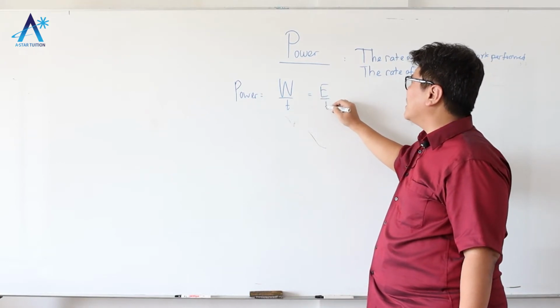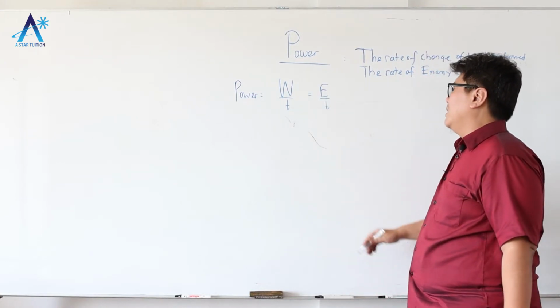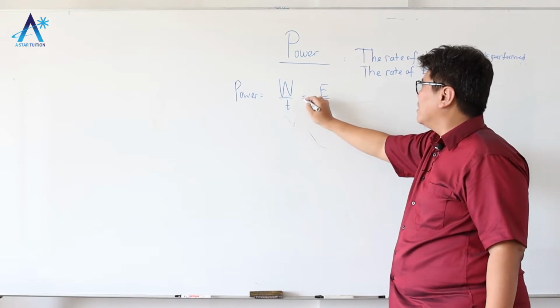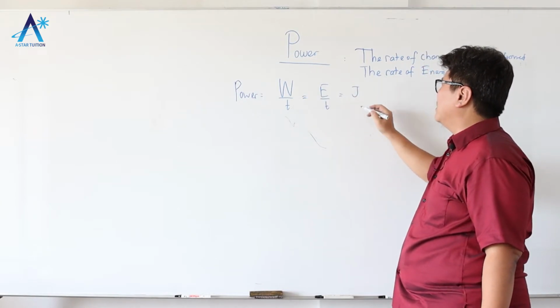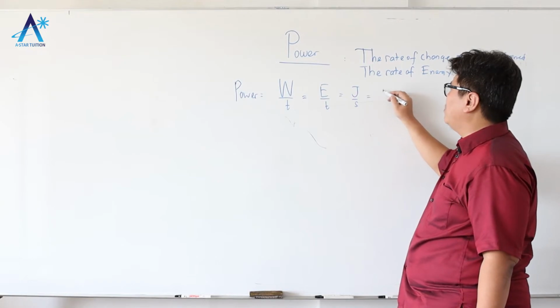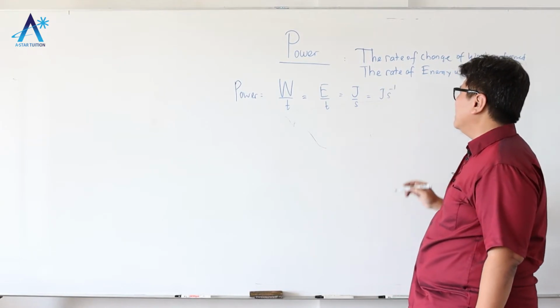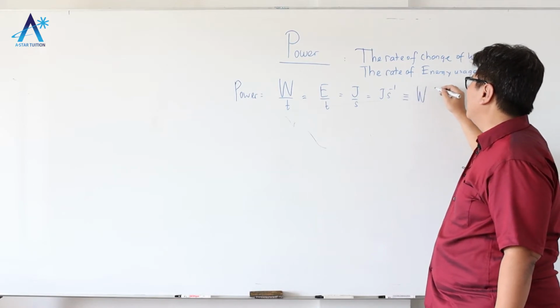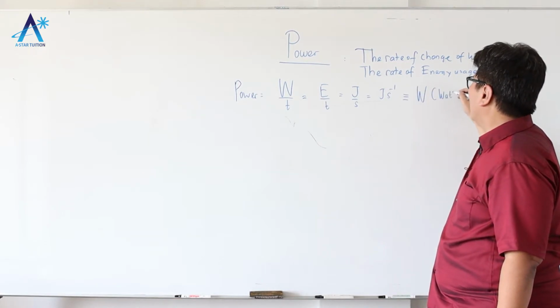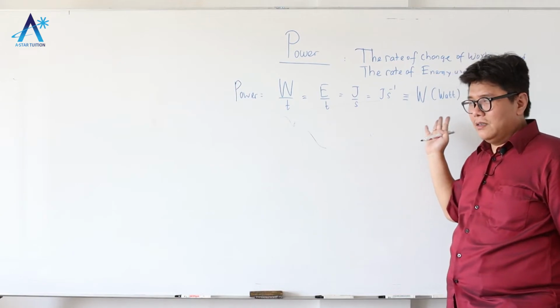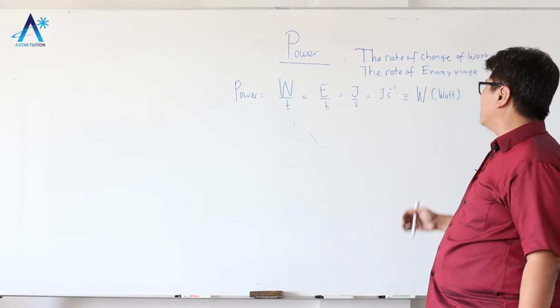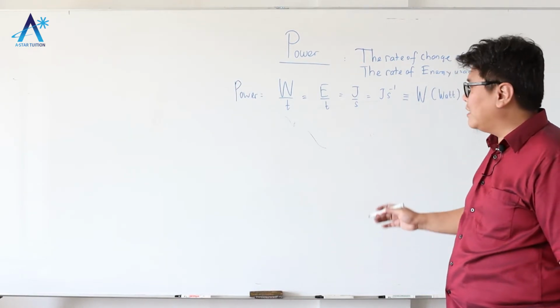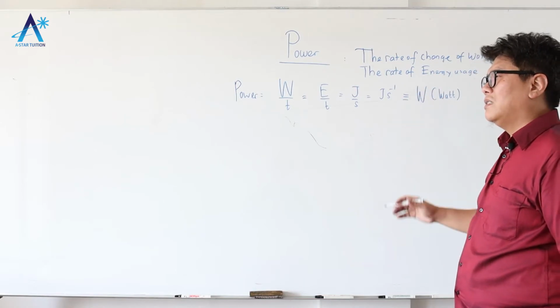Now remember, work and energy both have the same unit, which is joule, and this is second. So this is joule per second, and joule per second is denoted as W, aka watt. Again, this is the last name of a scientist who discovered something, I think it's about the steam engine.